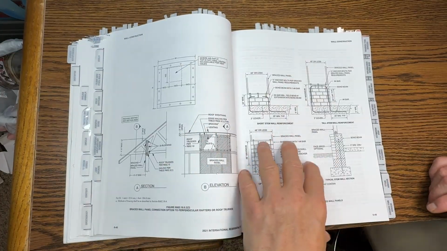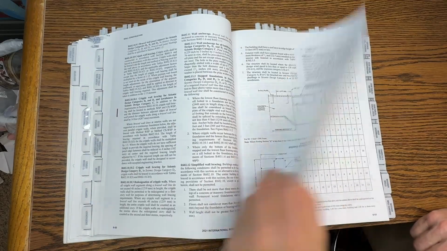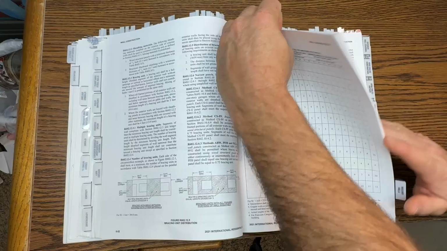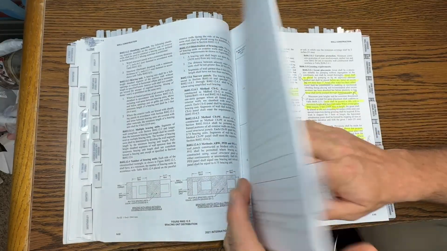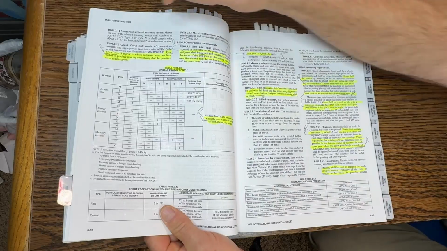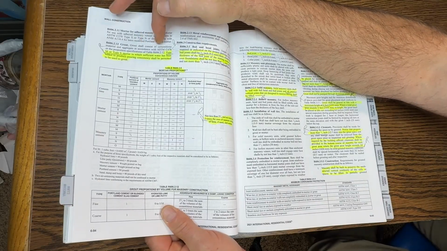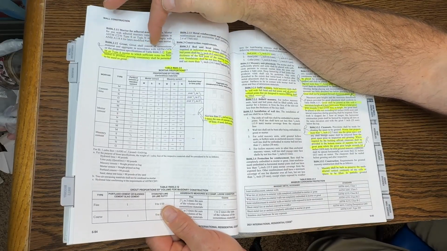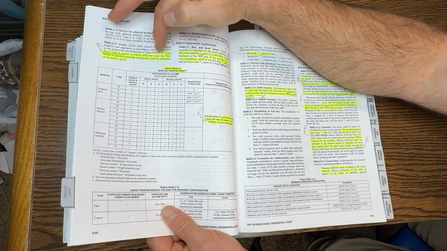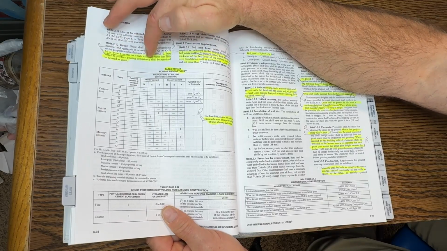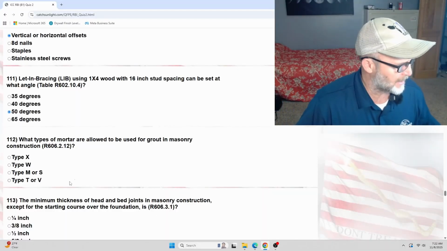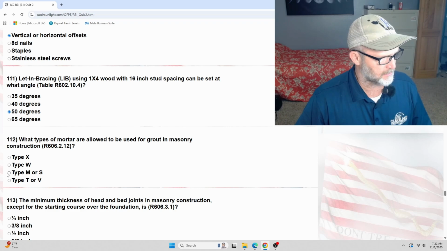Okay, we're going to 606. Let's see. I guess I don't have anything here. There we go. Okay, 606. 606.2.12 right here. Grout shall consist of these things. Type M or type S mortar to which sufficient water has been added to produce pouring consistency shall be permitted to be used as grout. So mortar of type M or S is what it comes down to.